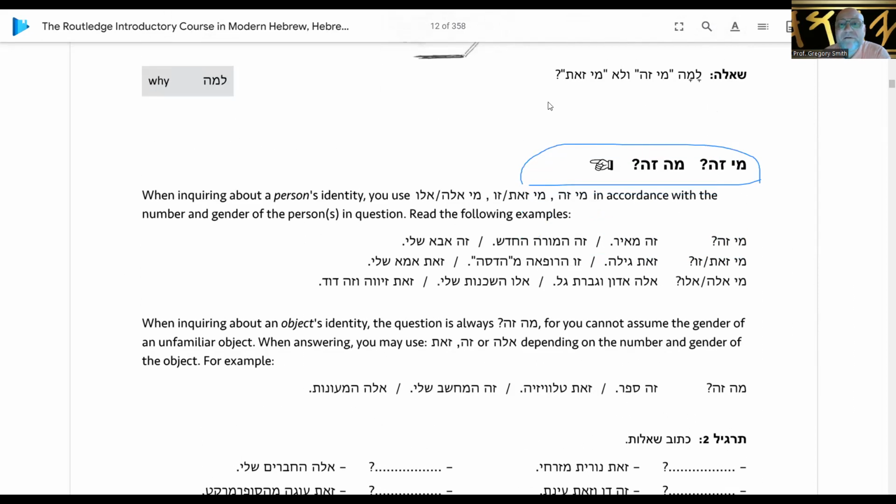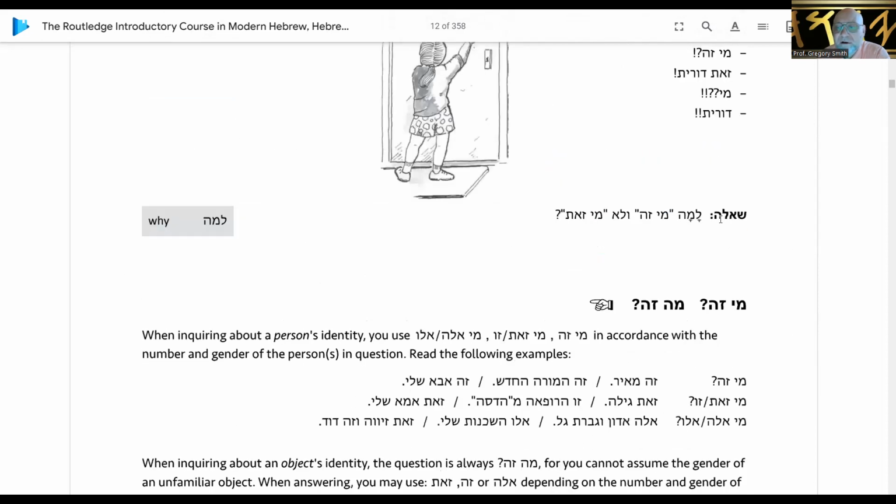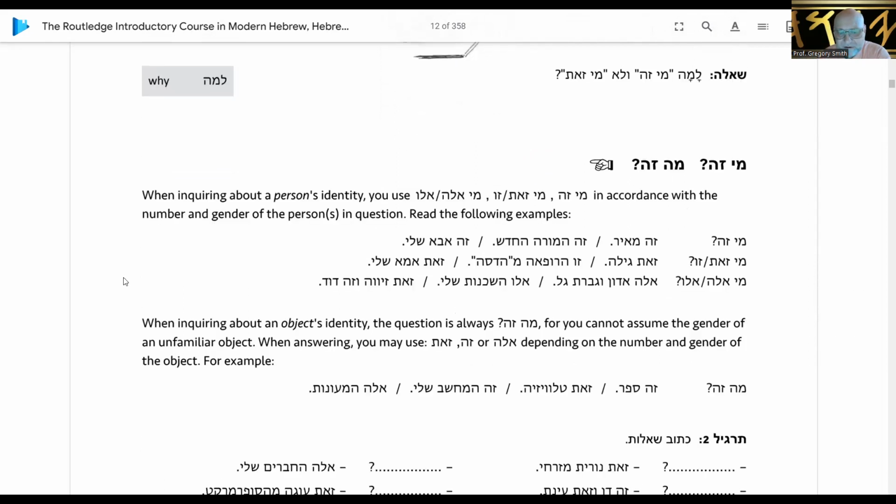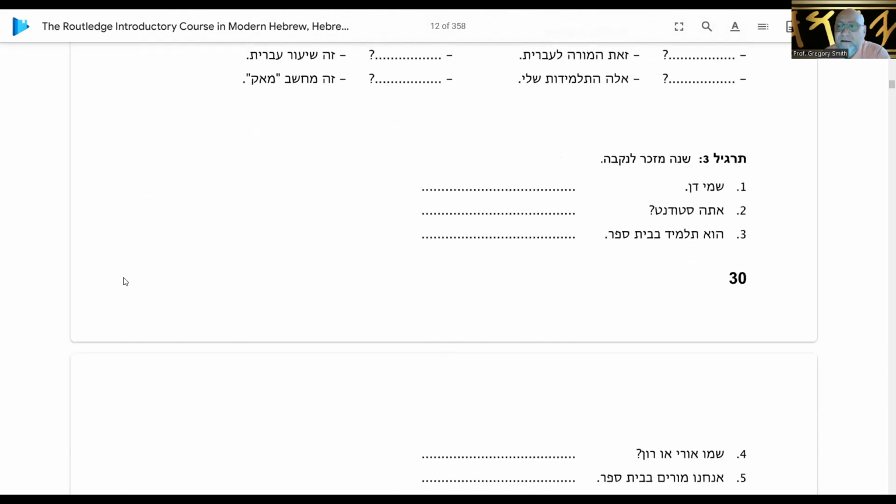I think we did cover this part, but this here, why "mi zeh" and not "mi zot"? Because if someone's on the other side of a door and they don't know whether you're a male or a woman and they're knocking, then the default is "mi zeh," who is this? That's essentially what we missed there.